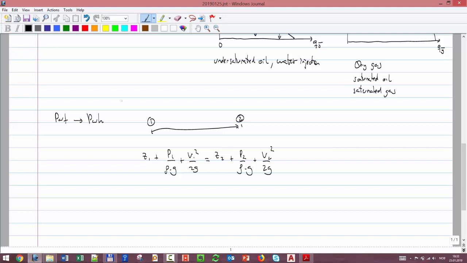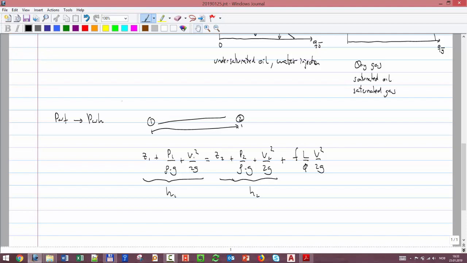Basically you're saying, and some people use H, that's some sort of energy. You say the energy H in 1 should be equal to the energy in 2, but I usually have some losses in between, right? And these losses I can use, for example, friction losses. I use a friction factor, the length, diameter, v squared over 2g, right?